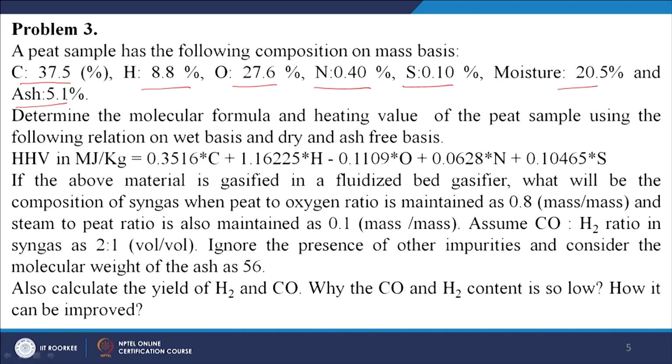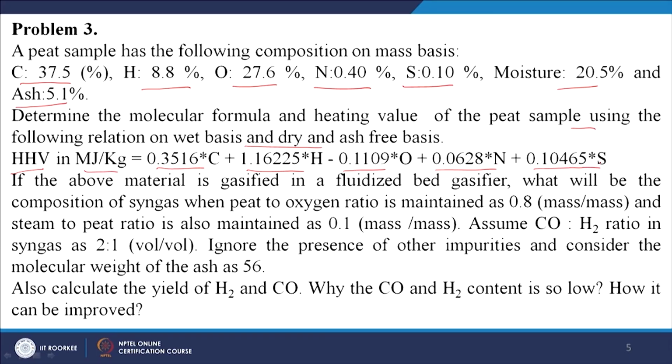Determine the molecular formula and heating value of the peat sample using the following relation on wet basis and dry and ash-free basis. So, the formula is given: HHV, high heating value in megajoule per kg, is equal to 0.3516 into C plus 1.16225 into H minus 0.1109 into O plus 0.0628 into N plus 0.10465 into S.